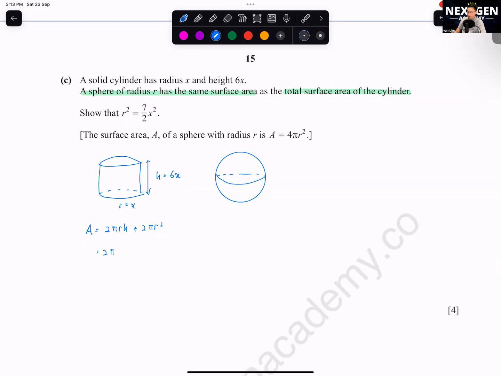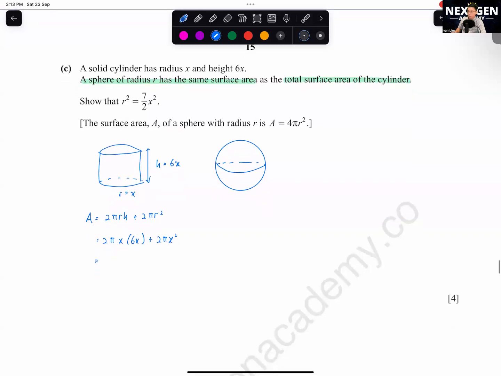So 2 pi, the r is x, the height is 6x, plus 2 pi x squared, which will be 12 pi x squared plus 2 pi x squared. You'll get 14 pi x squared.